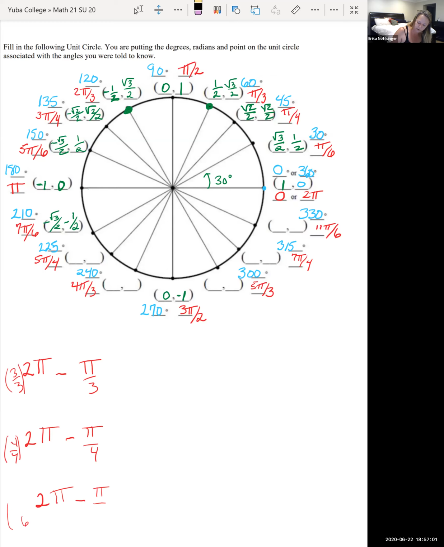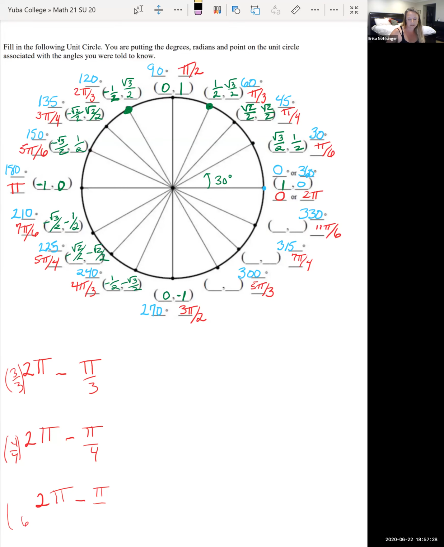So 225 degrees, it's like 45 degrees, but both of them are negative. So negative √2/2 and negative √2/2. 240 degrees, reference angle is 60 degrees, just negative, so negative 1/2 and negative √3/2.